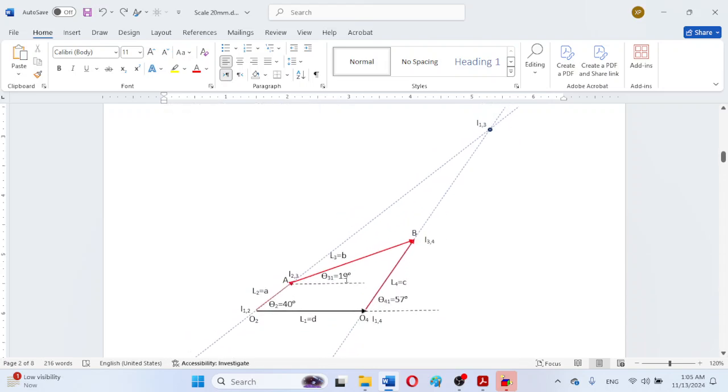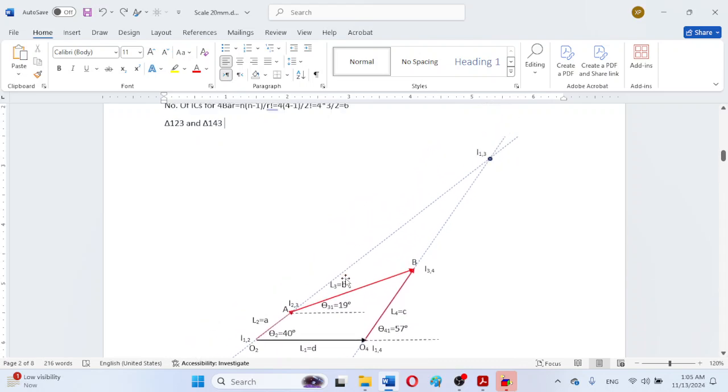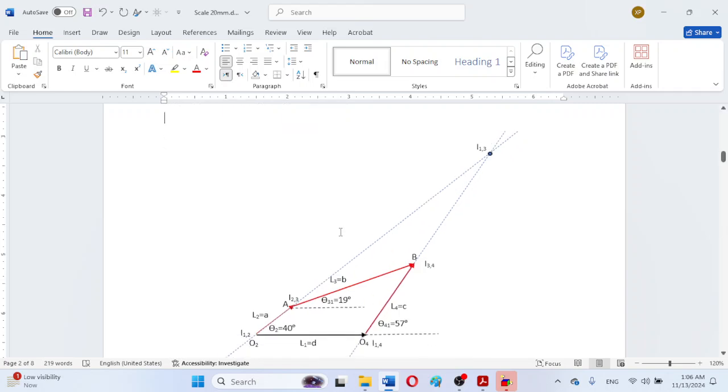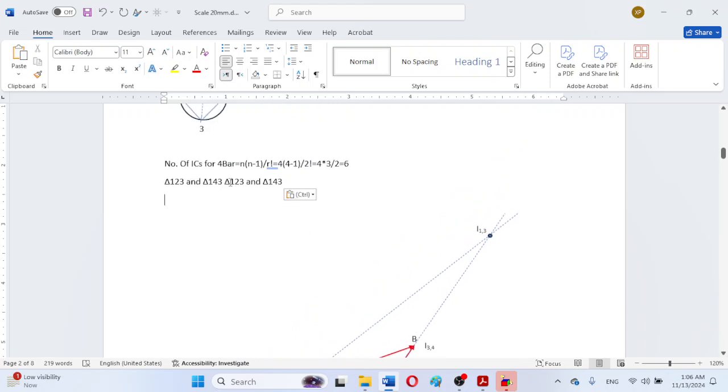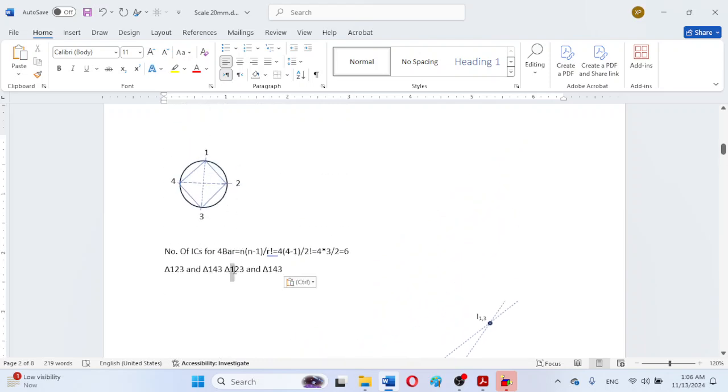We must be careful: the whole diagram may be moved, but if any single line or object is moved, then the diagram will be distorted. As we can observe, the whole diagram is moved, so no issue. The other trios we can write here: triangle 1 2 4 and 2 3 4.